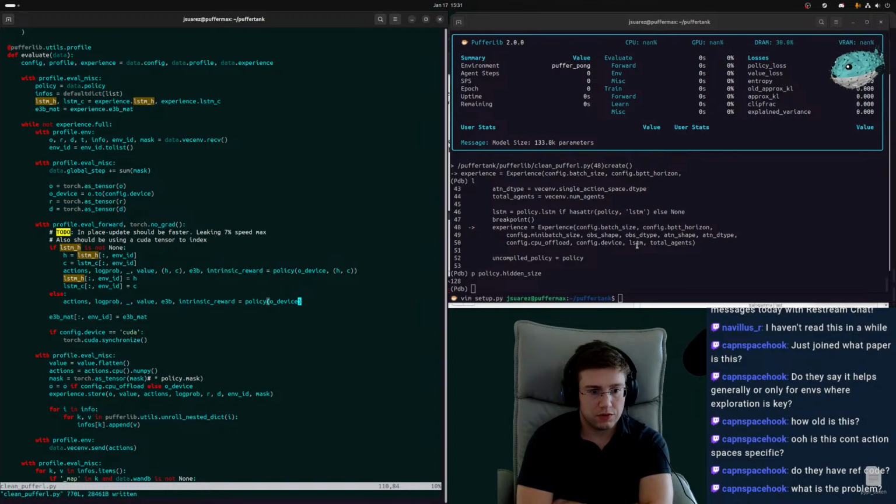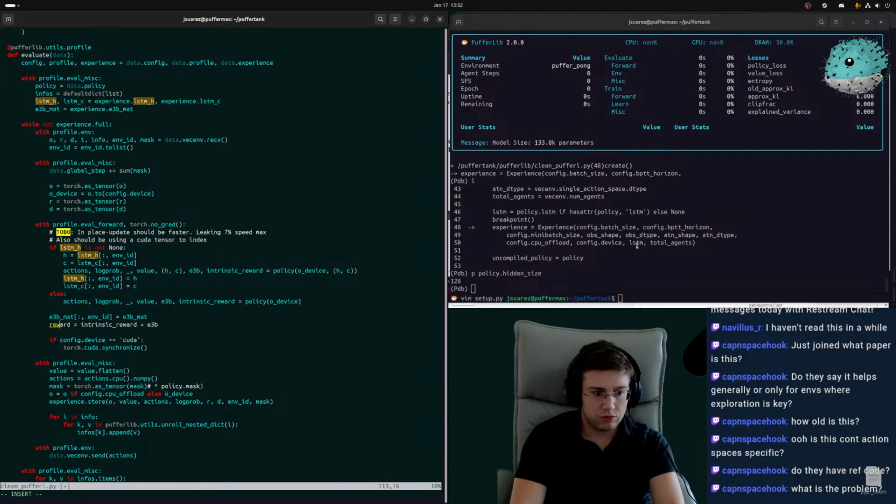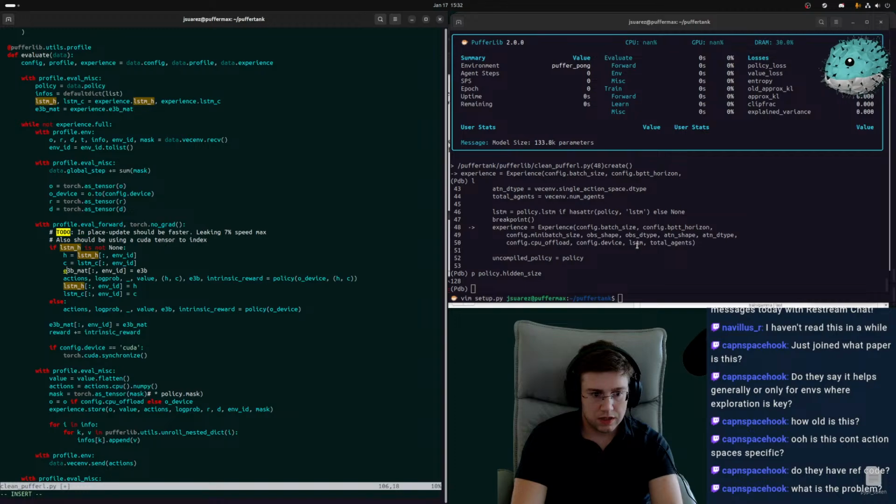So let me think how to do this. Device. Env ID. Right, because you could be getting different env IDs. But the rewards we just add to, I think. So we do reward plus equal intrinsic reward, like this. And then you have to pass E3B.